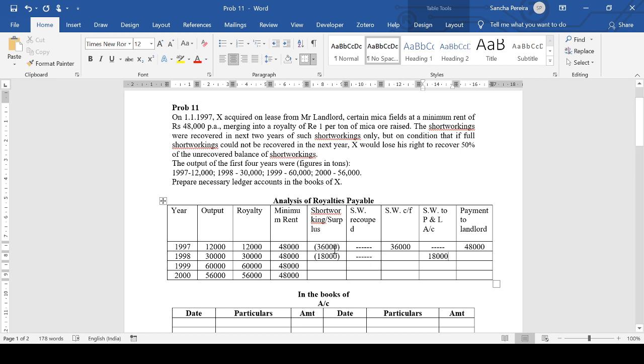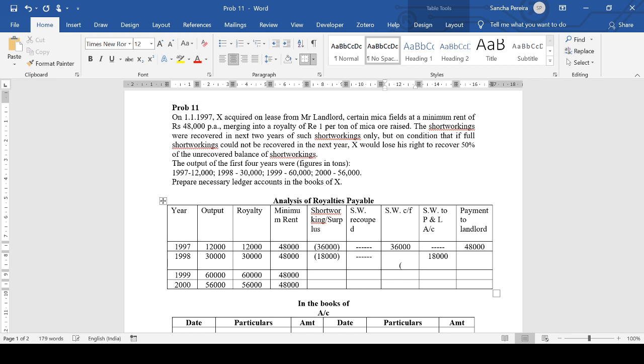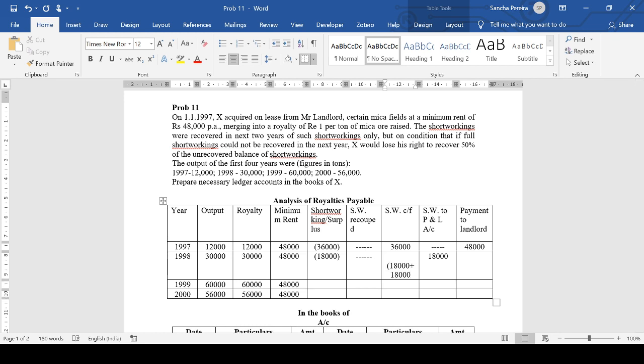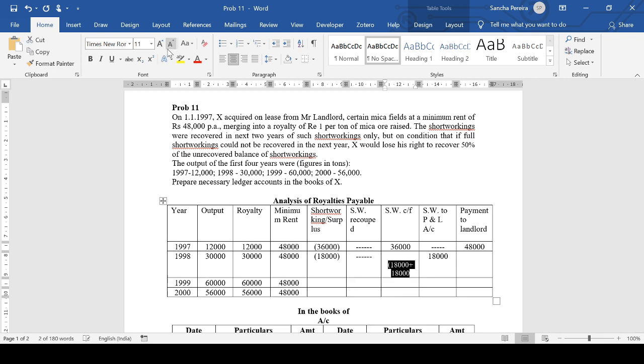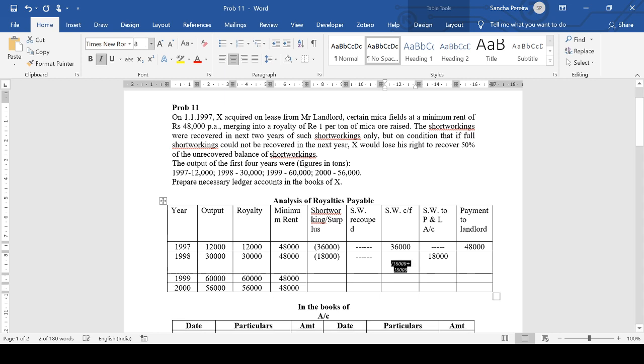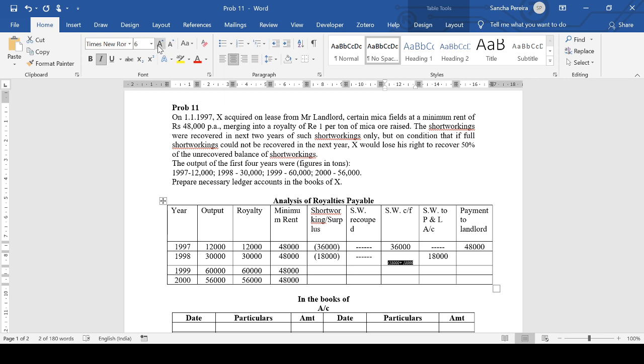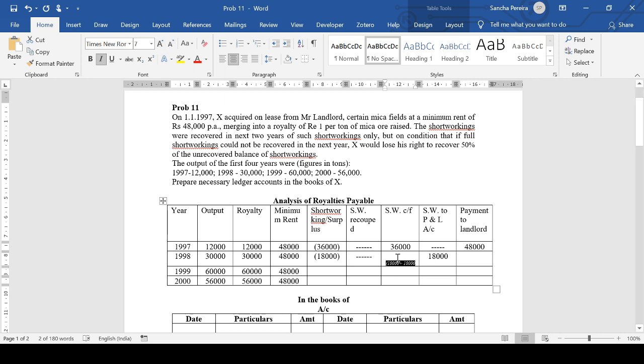So how much does he have hope of recovering now from the first year? Only 18,000. So right now he can recover 18,000 from the first year plus 18,000 of the second year, which is going to be a total of 36,000.